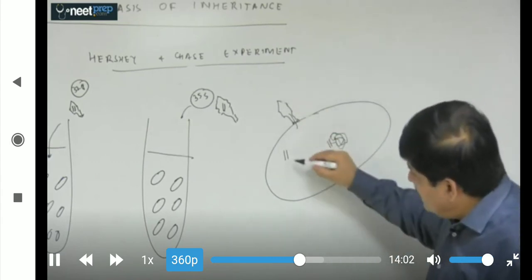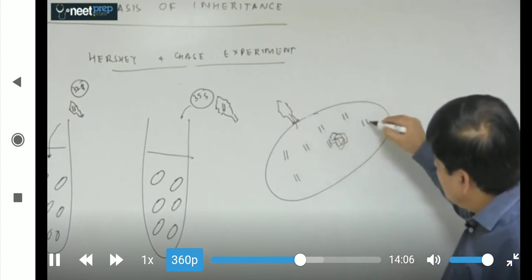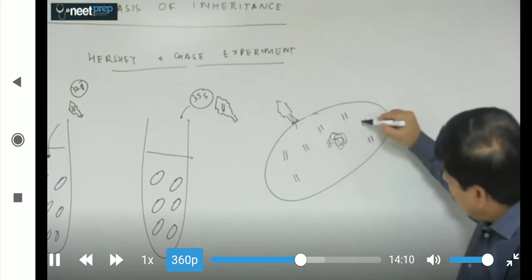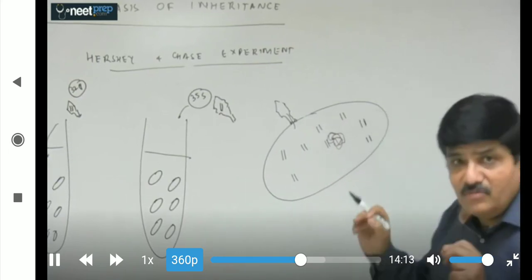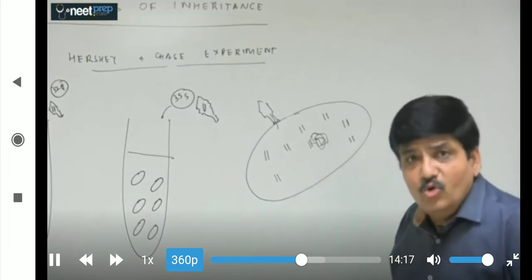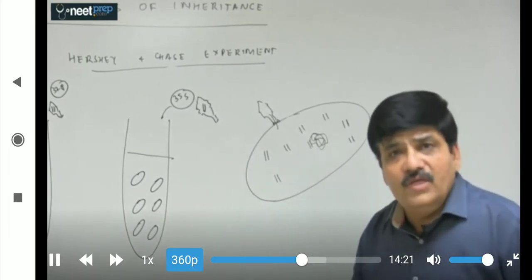Now what is going to happen then? There will be replication of these DNA particles. Their genes will be transcribed. You can understand on this double-stranded DNA there will be some genes located, and these genes will be transcribed and translated into proteins, and these are the proteins that are the part of the capsid of the virion.